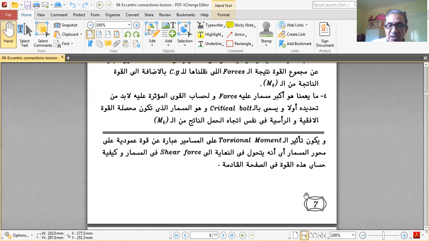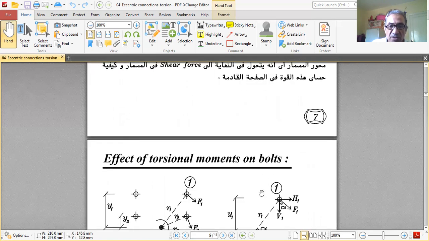Torsional moment forces are acting on the bolts, and they are perpendicular to the axis of the member. So eventually it is the shear force on the bolt. And we're going to show you how to calculate this one. Again, this much has been studied in the previous course in basic structural analysis, chapter 21.